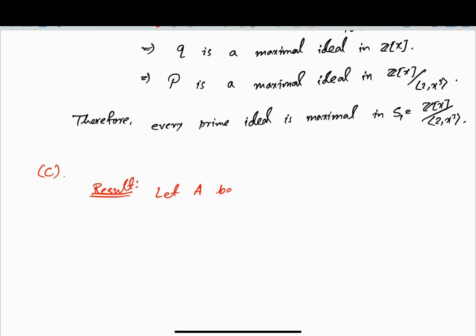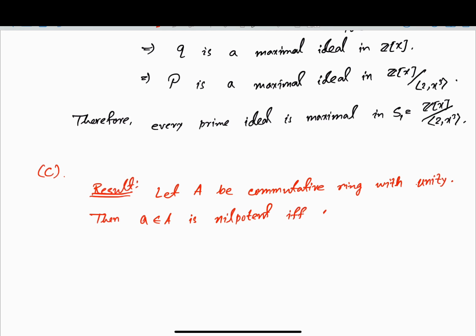Let A be a commutative ring with unity. Then an element a belonging to A is nilpotent if and only if 1 plus or minus a is a unit in A, right?